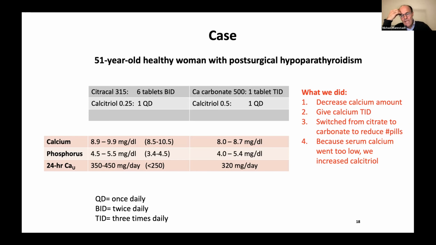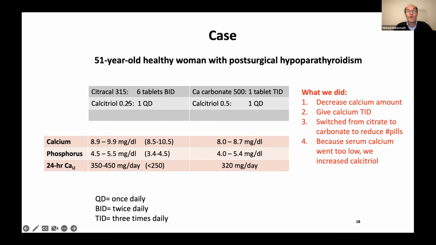So calcium carbonate contains about 40% elemental calcium, while calcium citrate contains only about 21%. So that is one of the reasons why the tablets have less calcium, because otherwise they would be too big, although there are bigger ones. And so that makes it easier to give more calcium per pill, so to speak, with calcium carbonate. And so that's what we did, right? So we switched to calcium carbonate.